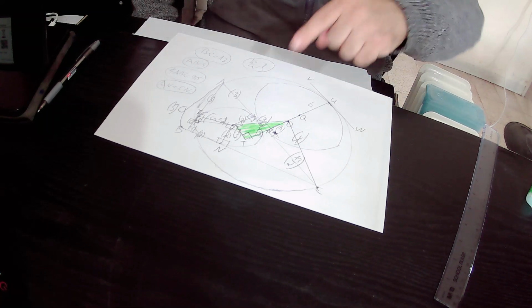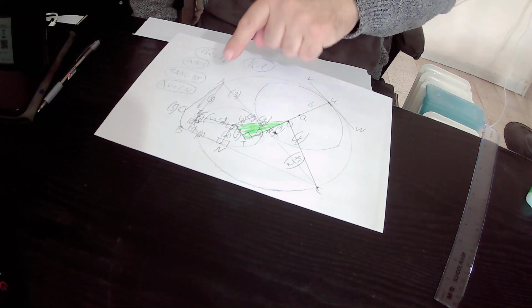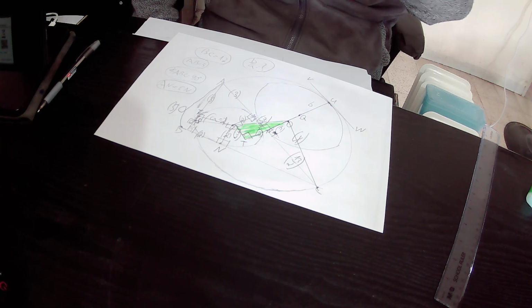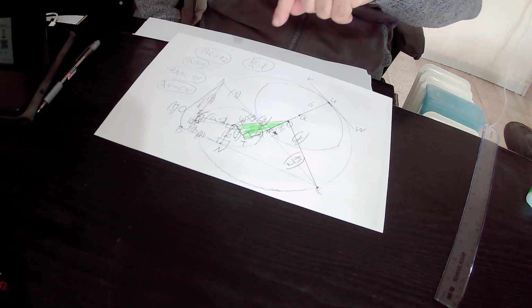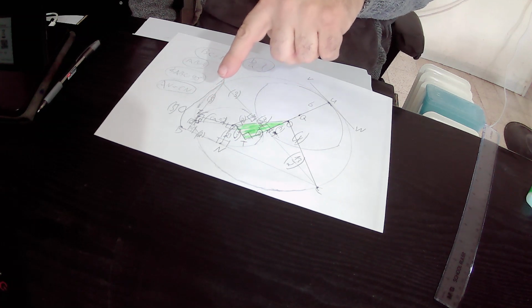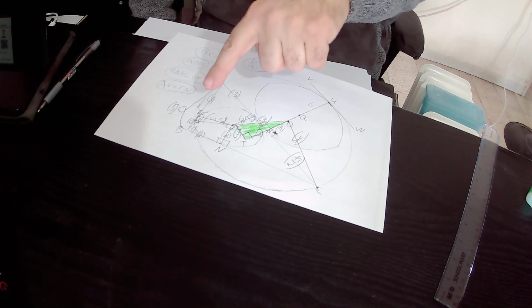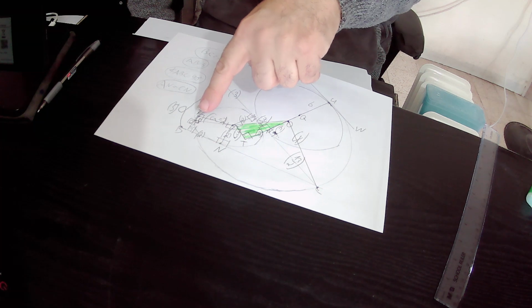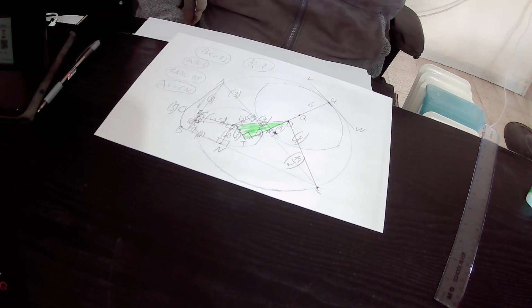The radius PT is perpendicular to point T, the point of tangency of tangent AB with the circle. Whenever a radius is perpendicular at the point of tangency, tangent AB will be perpendicular to the radius TP. If AB is perpendicular to TP, it means that this angle equals 90 degrees and this angle also equals 90 degrees.